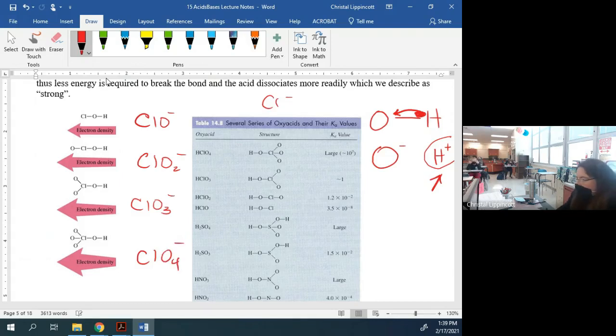Let me tell you where perchlorate comes from. It actually comes from hyper, which means above, like hypertension, hyperactive. Hypo, this is hypochlorite.